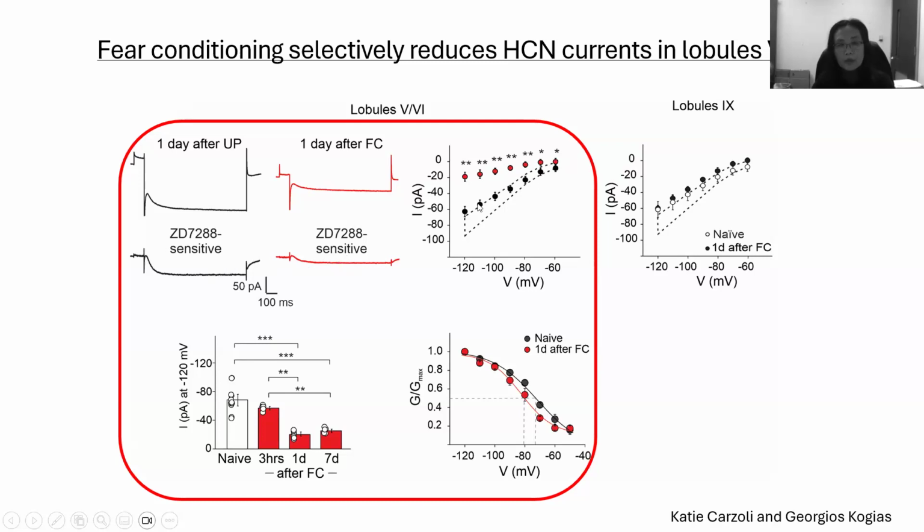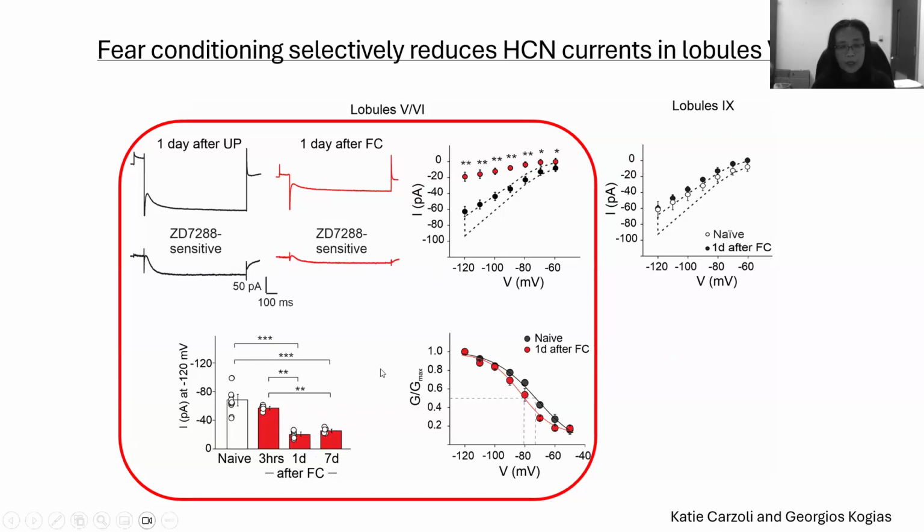You can see it in both the current trace and the group data. And this change occurs about 1 day afterwards, and Giorgio later tested even 7 days later, and the IH currents remain reduced. So this is a long-lasting decrease in the IH currents.